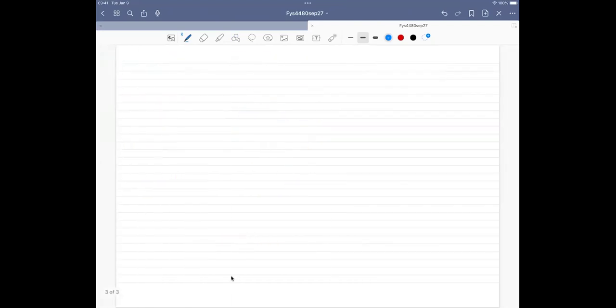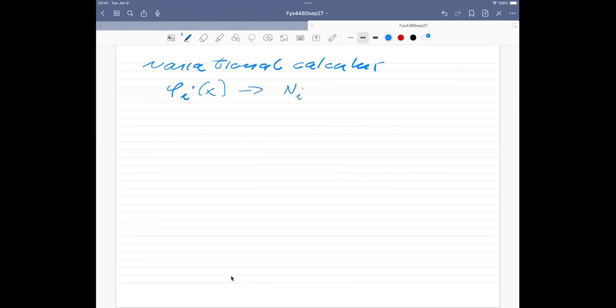So when we introduce variational calculus now, it's normal to assume that the endpoints are fixed, but then that the wave function which we are looking at, this phi of i of x, changes now, and the first term is just a normalization constant, because now we have a new wave function.